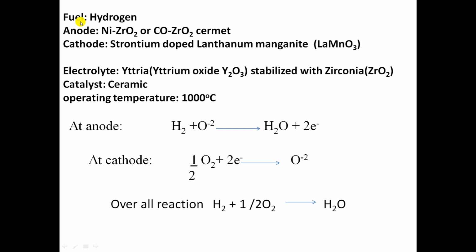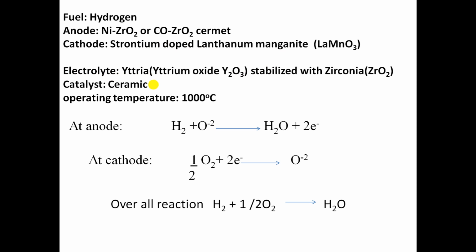Here the fuel is hydrogen and the oxidant is oxygen. The anode is nickel zirconium oxide or cobalt zirconium cermet. The cathode is strontium doped lanthanum manganite. Yttrium stabilized zirconia is used as the electrolyte. It is a solid electrolyte.